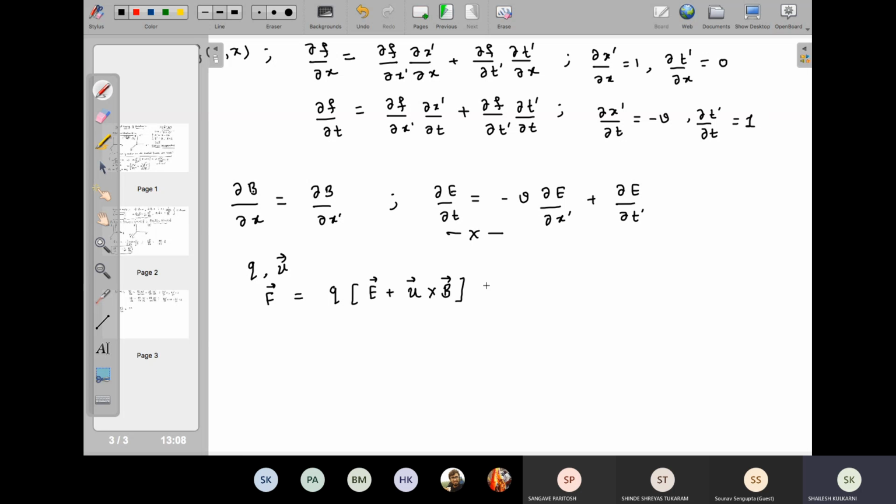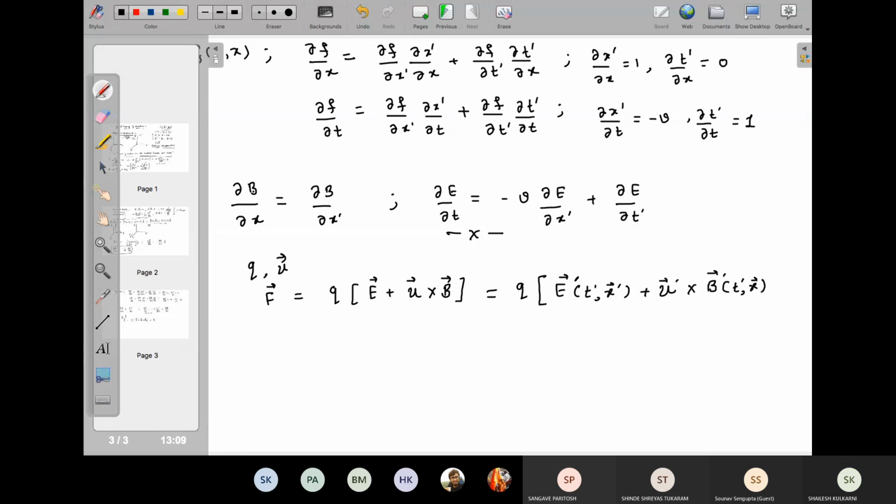This means that this must be equal to q, and we assume that the charge is also same in that K prime frame. So the force law preserves its structure means this is equal to E prime, as a function of t prime and x prime, plus u prime, the velocity in the transformed frame, cross B prime.